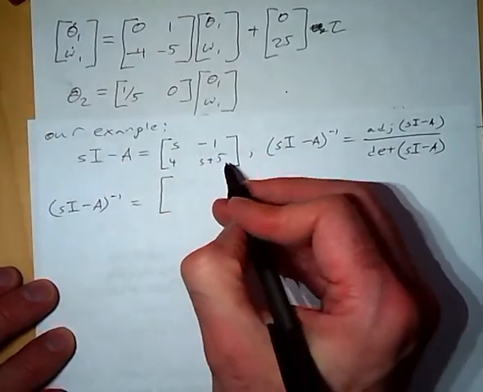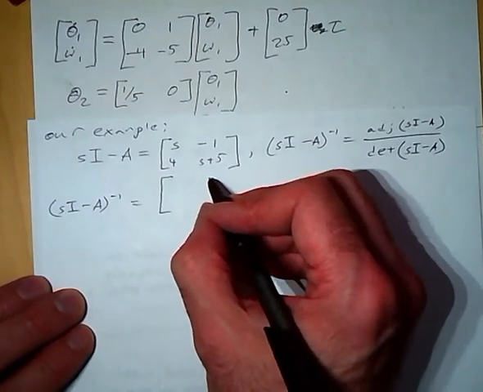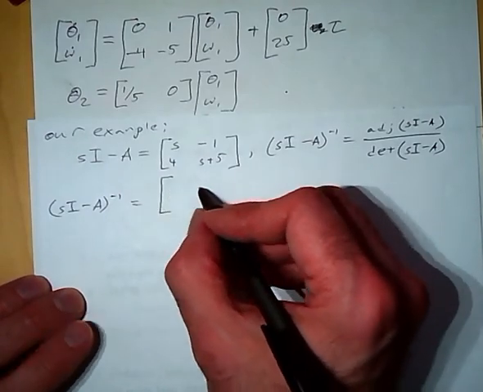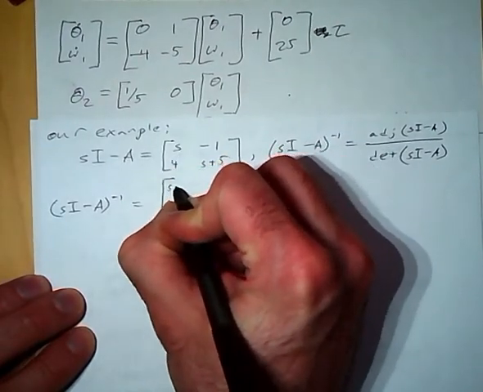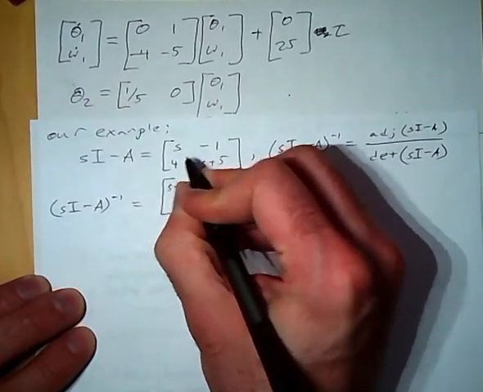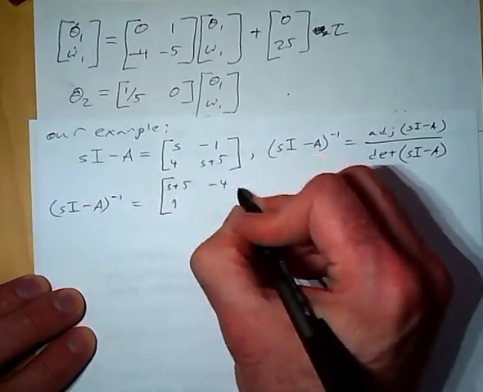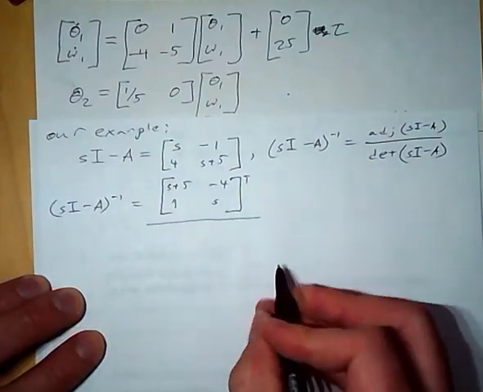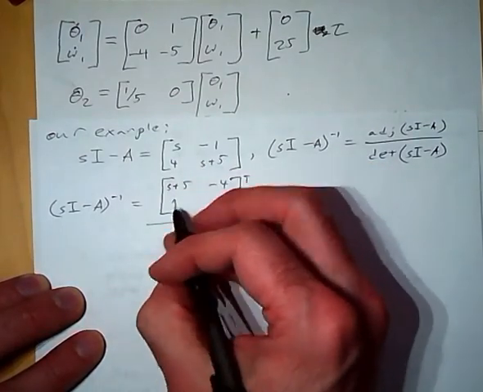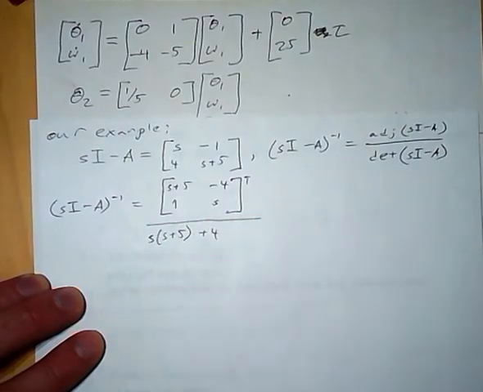So the adjoint of this matrix, we'll find the cofactors and then the transpose of that. So the cofactor of this is s plus 5, cofactor of this is negative 4, cofactor of that is 1, cofactor of this is s, and we need to take the transpose of that to get the adjoint. And then the determinant is just s times s plus 5 plus 4.